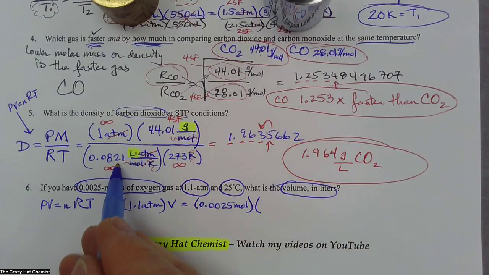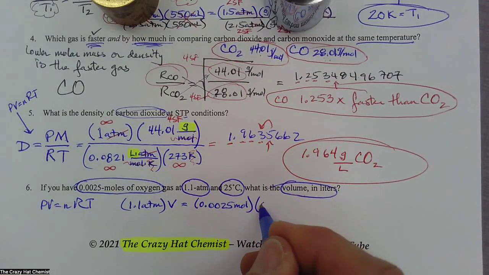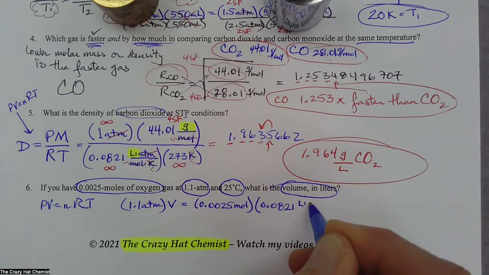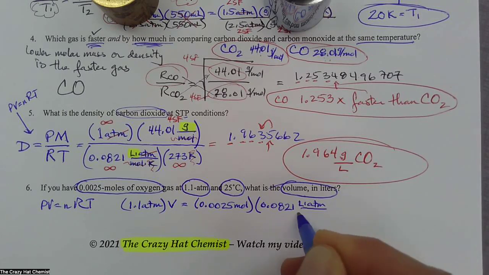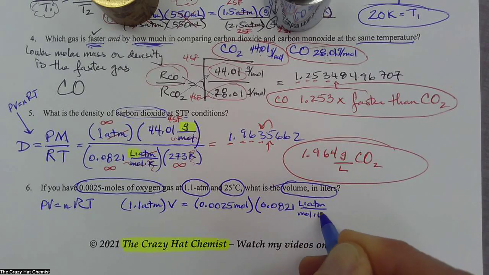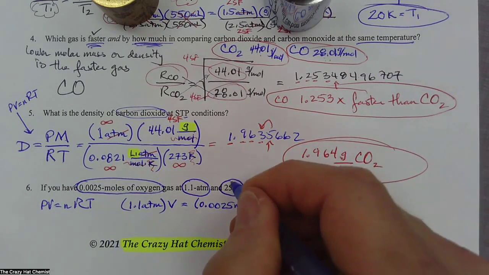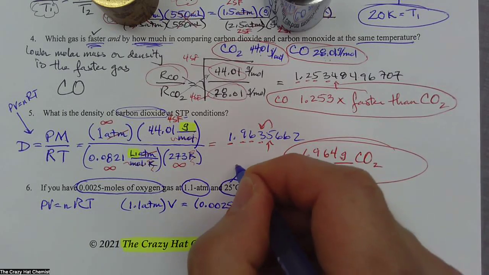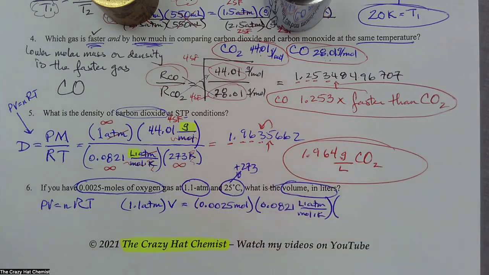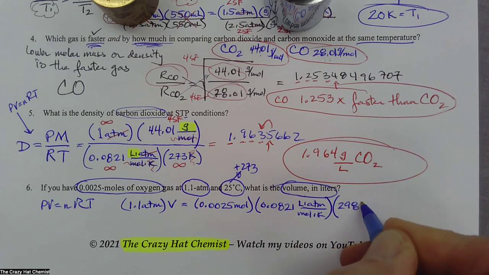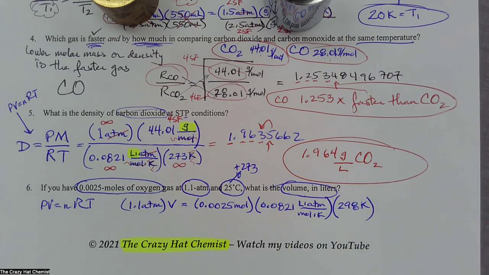We've used that in the previous problem. It's up at the top of this sheet of paper, and that's 0.0821 liters atmospheres divided by moles Kelvin. And then the temperature, and the temperature needs to be in Kelvin. So I'm going to have to add 273 to that 25, and that is 298. So 298 Kelvin, just like that.